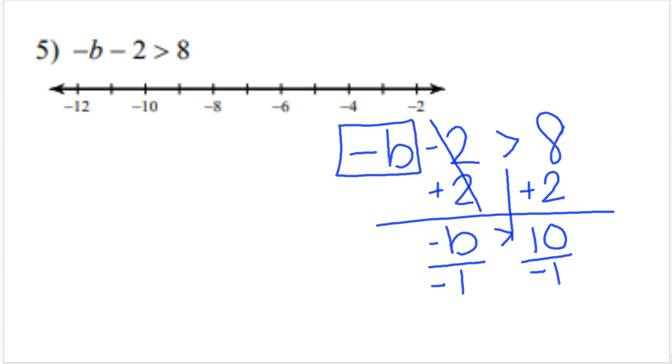Because remember, in front of that b, there's an invisible 1. So the negative is going to give me just positive 1, so I bring down my b. But remember, I divided by a negative number, so that means I need to flip my sign to keep it true. And then 10 divided by negative 1 gives me negative 10.